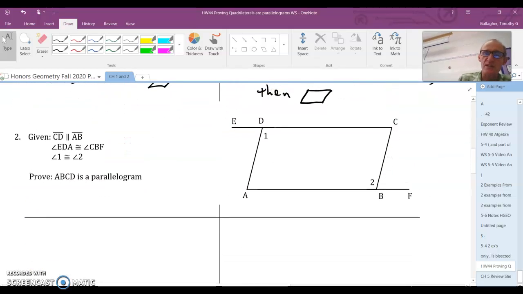It looks like CD is parallel to AB. That's good. And then angle EDA is congruent to angle CBF. Okay.